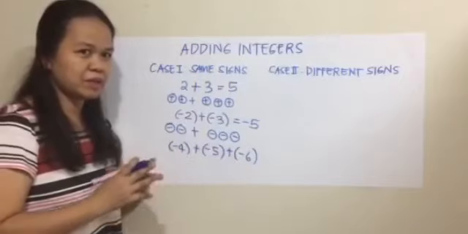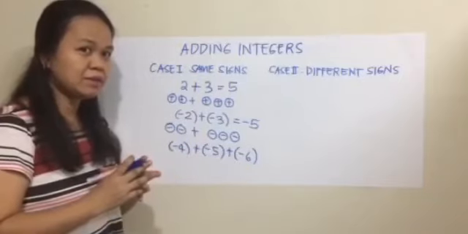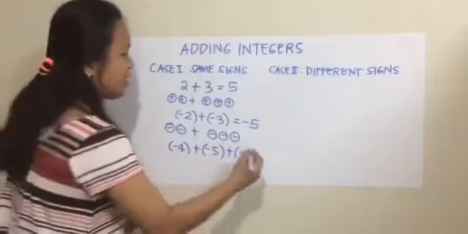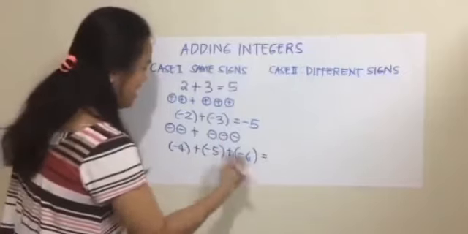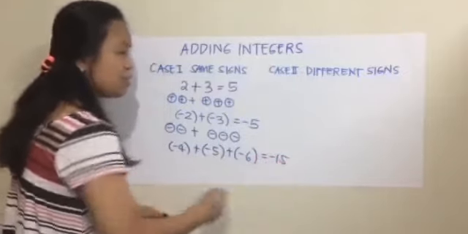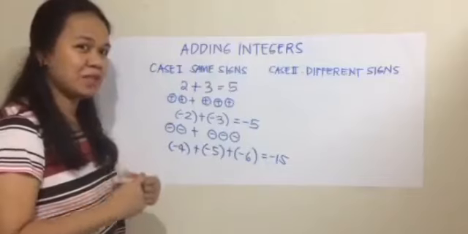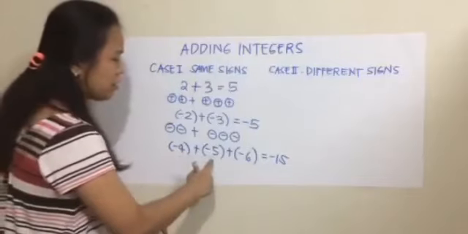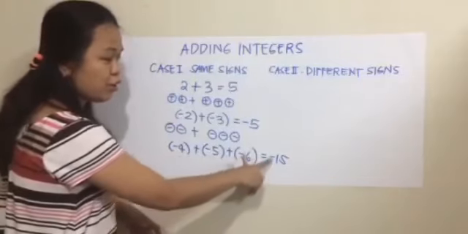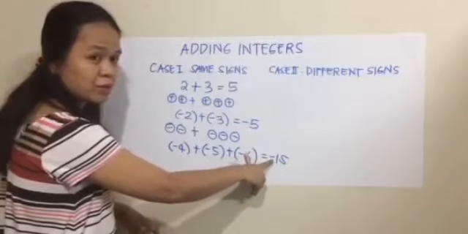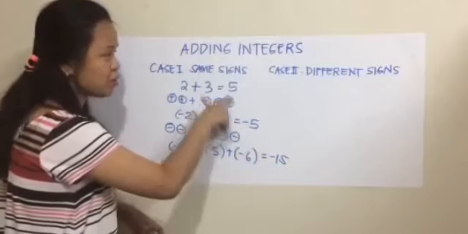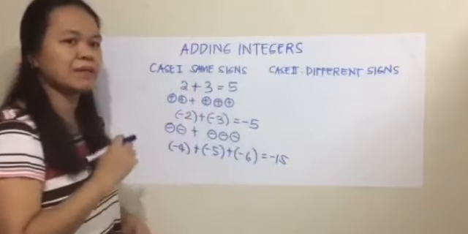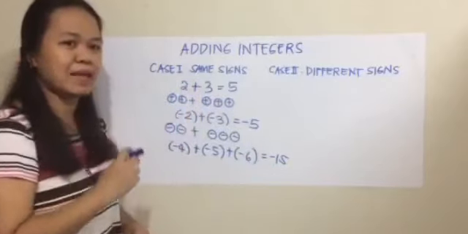So how many negative chips do you have in all? Okay, that's correct. So you get negative 15. So you have 15 negative chips in all. Since all the numbers are negative, so your answer is also negative. Okay, because you are adding numbers having the same signs. So add the numbers and copy the sign.